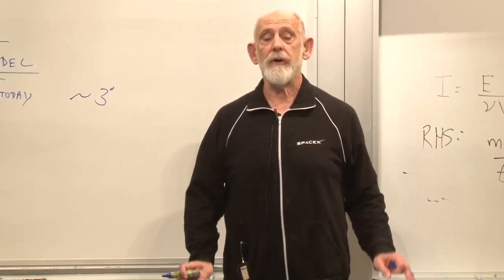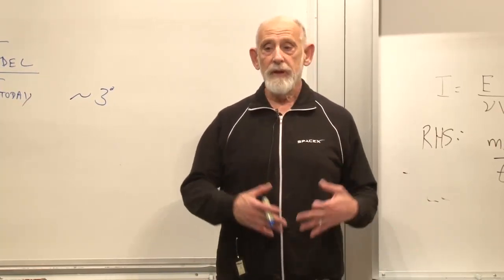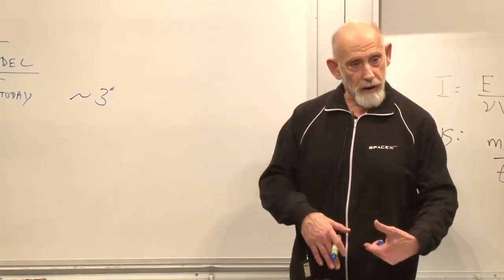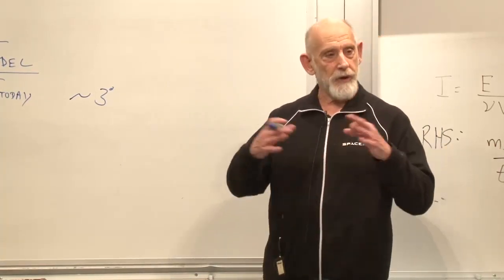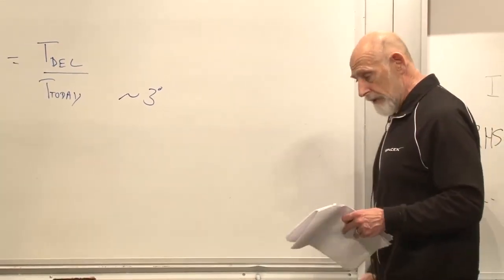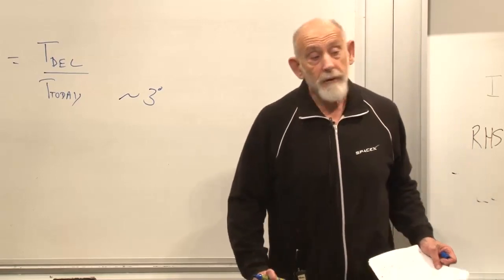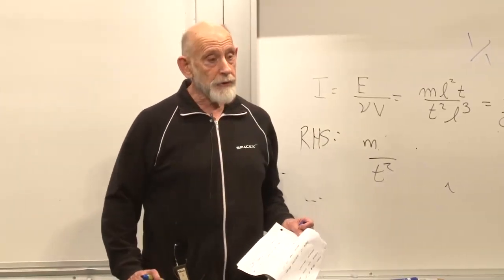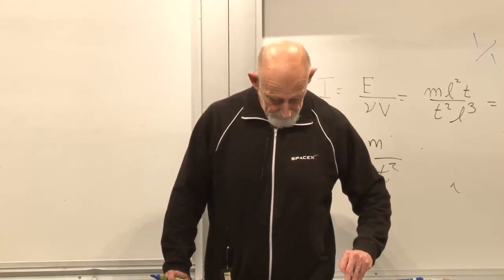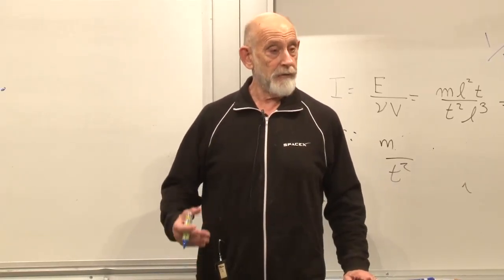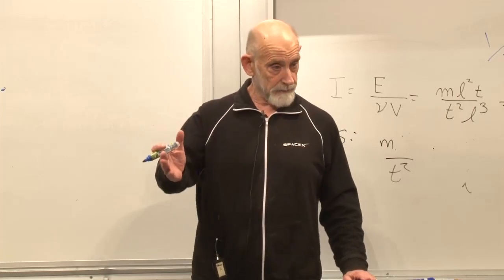What was the temperature at which hydrogen recombined, or better yet, if you went in the other direction, what would be the temperature at which hydrogen would ionize? There's one simple answer to it. When the temperature is such that the photons have enough energy to ionize the atom.